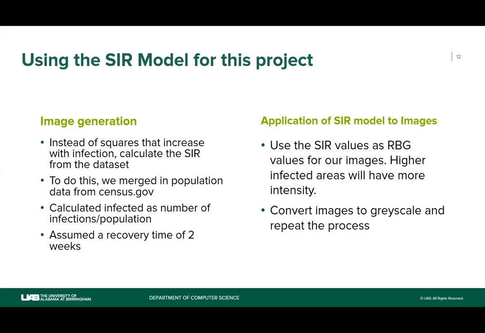So just to get that calculation in for the initial round, we subtracted the infected from 2 weeks ago from the infected today to give us a sense of who is actually infected today. Because the SIR model nicely maps to three distinct values, we can treat it like an RGB image or enhanced grayscale.